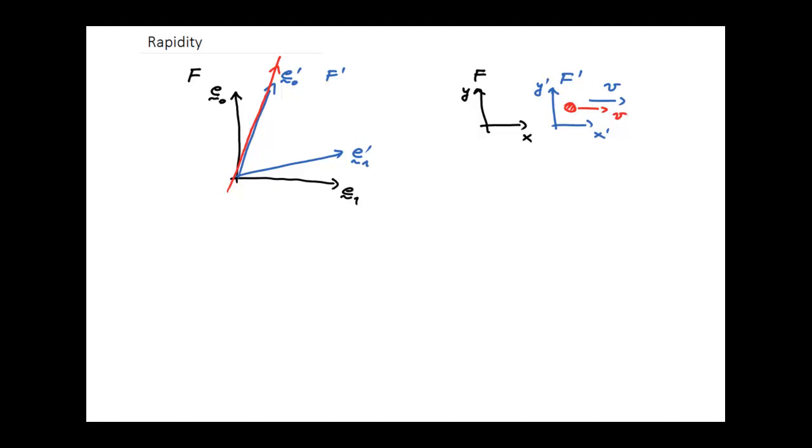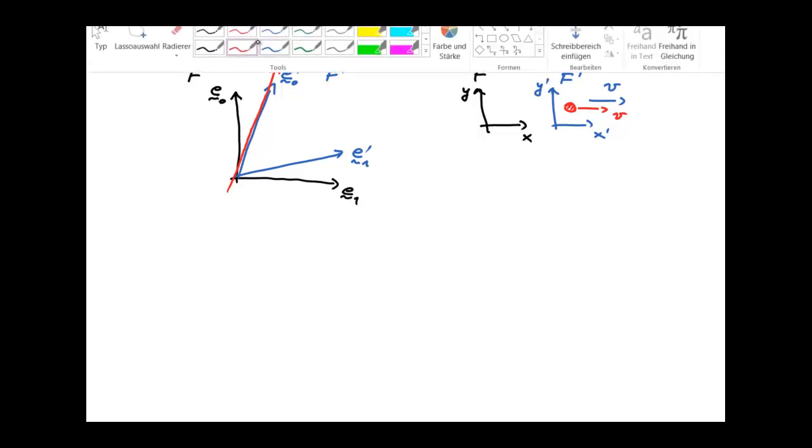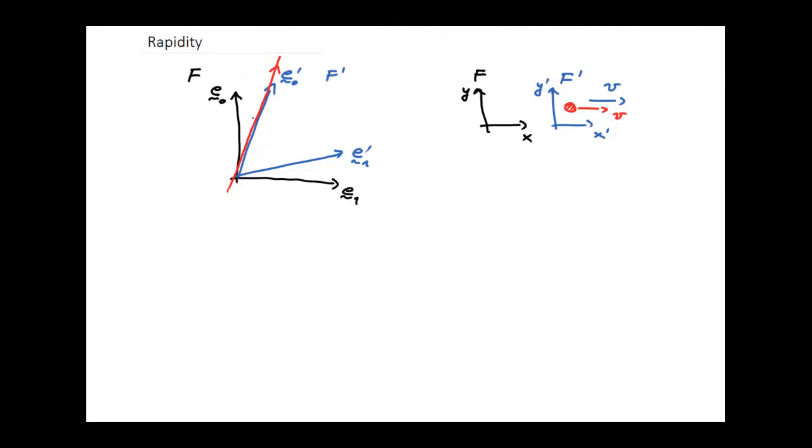Now let's go back to the space-time diagram on the left, and let us consider a specific event, say this event here. This event has, in the unprimed frame, coordinates x0 and x1.